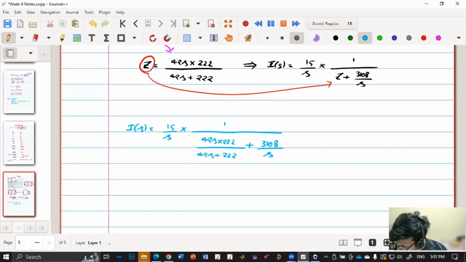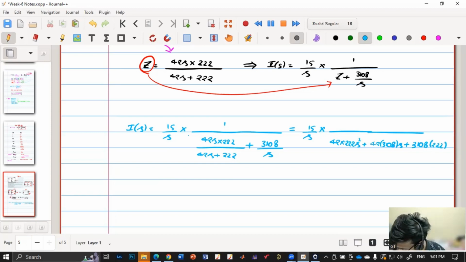Now, if we further simplify this, we'll get 15 by S. And if I'm making any mistakes, kindly let me know. In the denominator, we'll have 42 into 222 S square plus 42 into 3108 S plus 3108 into 222.